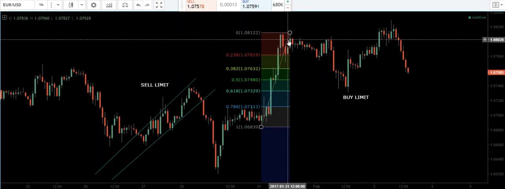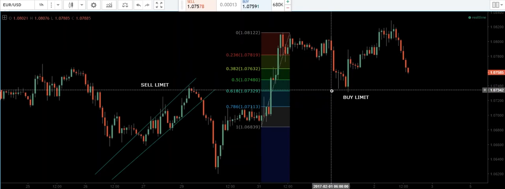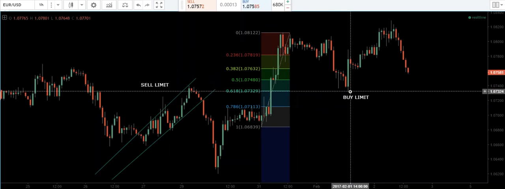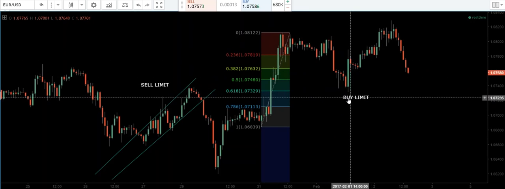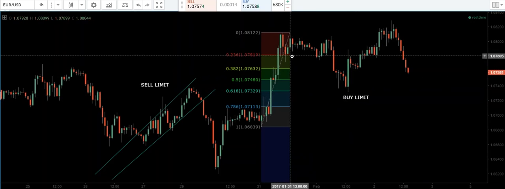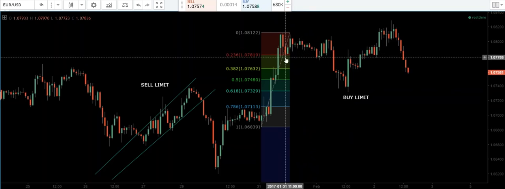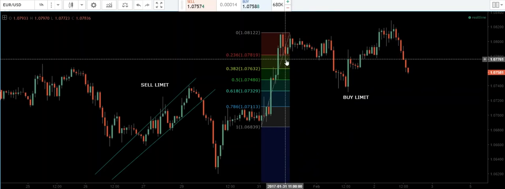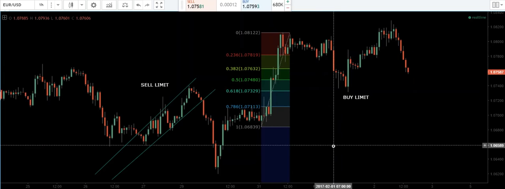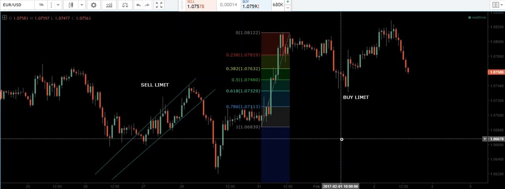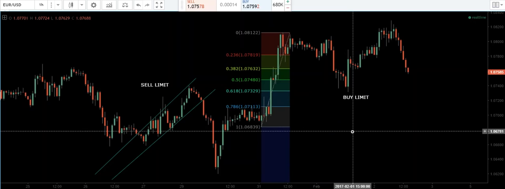In this case, okay, we can see the price pull right to the golden ratio of 61.8%, and we could have a buy limit order waiting here. So even if we spotted this potential setup right here at the 23.6% level, we could have our buy limit order waiting here, and our stop loss would be down here, okay, or somewhere in this area, okay?